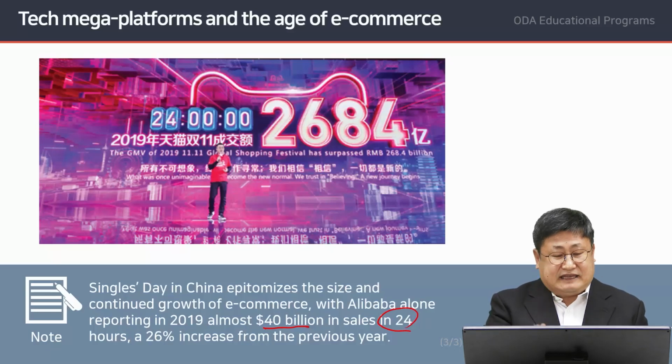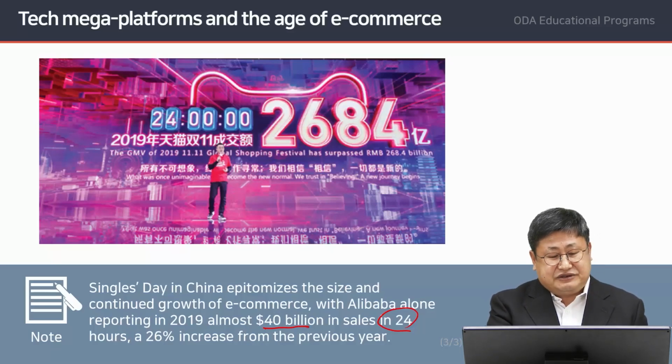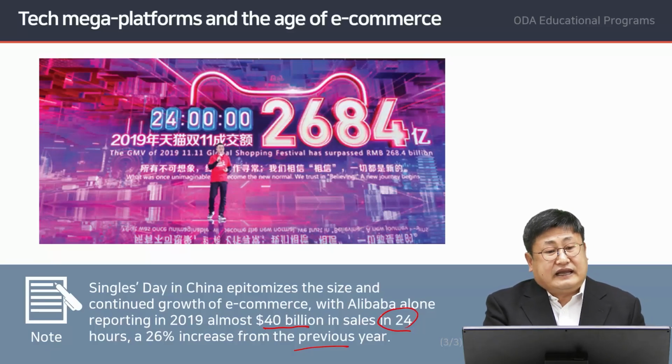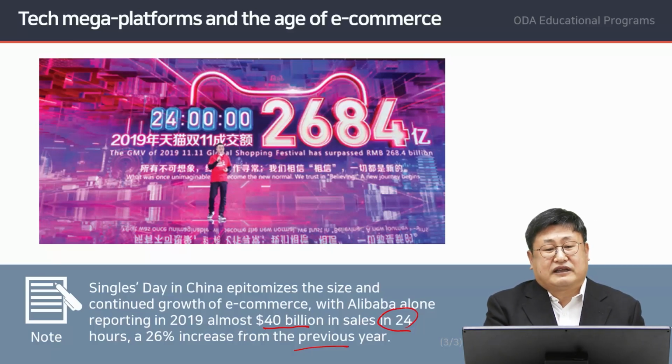Just one day of sales of $40 billion. It's a huge one, right? And this is a 26% increase from the previous year. This is a special sale in China, so-called Guanggunje. They have one day of sales of $40 billion. This is a huge market as well.